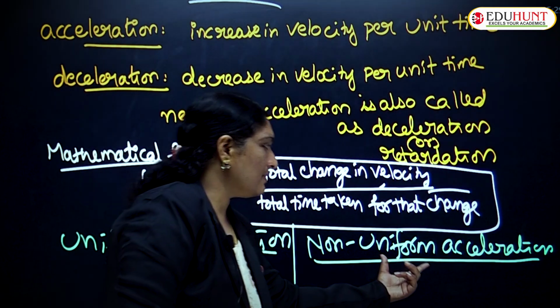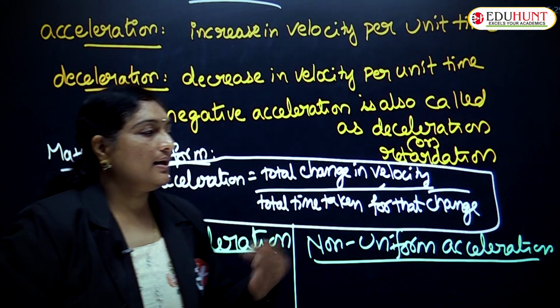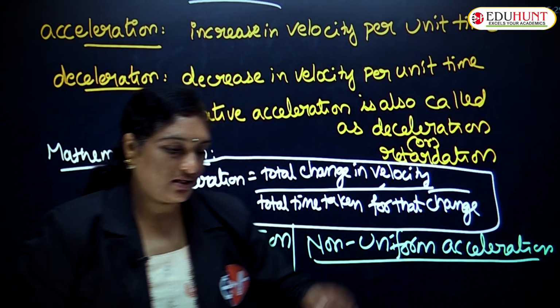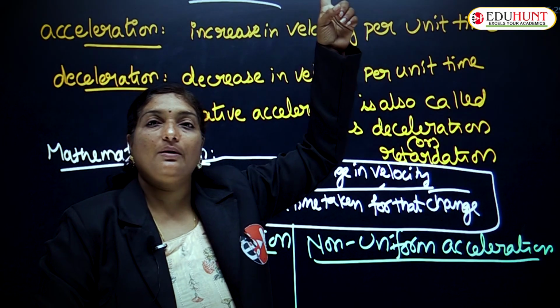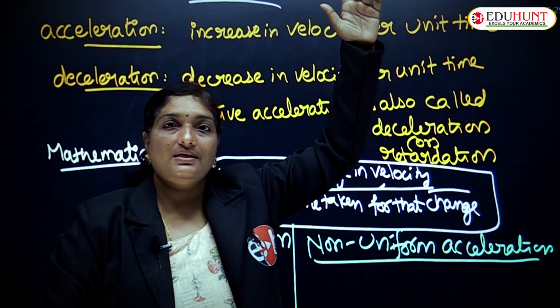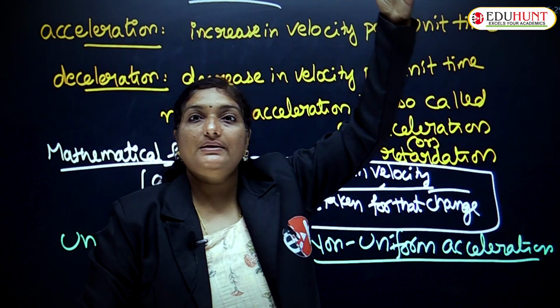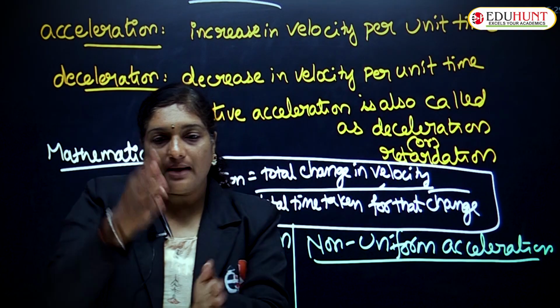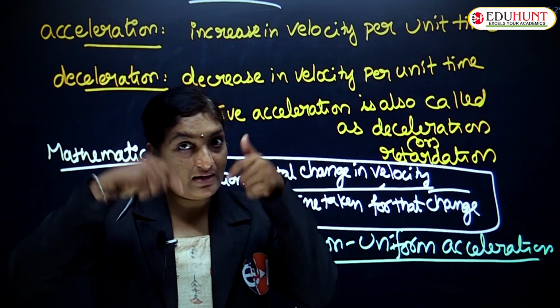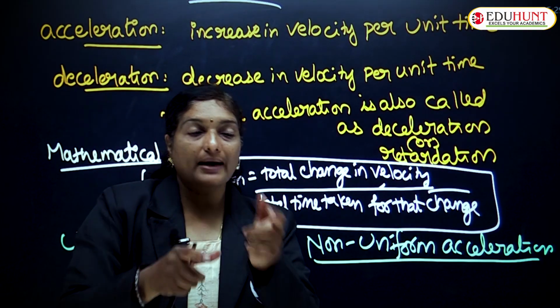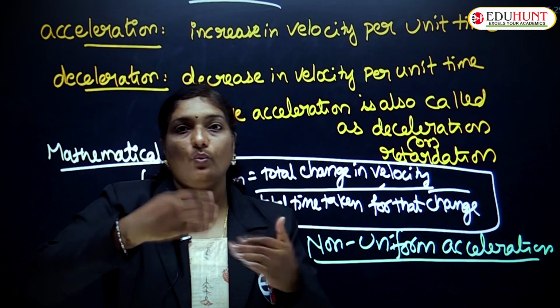Suppose in another example, earlier it moved with 3 meter per second square, then it reduced to 2 meter per second square, again 6 meter per second square, a lot of increase, again 10 meter per second square, some difference is there, fluctuating changes are there. No doubt velocity will be increasing per unit time, but not in an equal ratio.